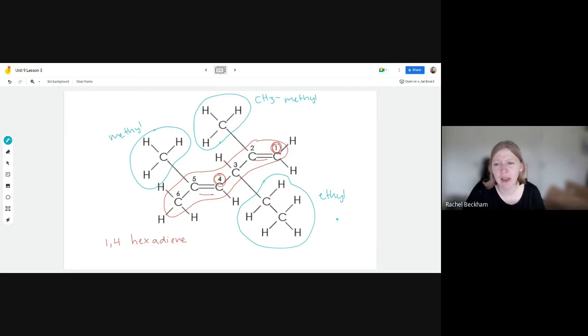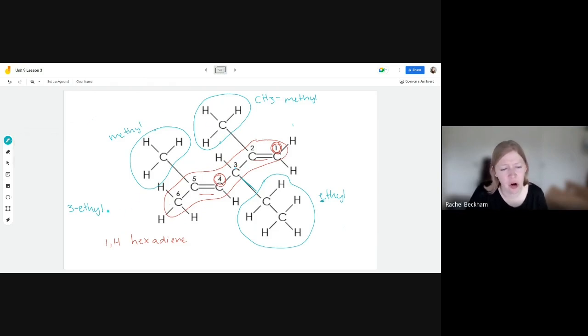And you actually see how ethyl starts with an E and methyl starts with an M? You go in alphabetical order. So E comes before M, right? So we're going to name the ethyl group first because alphabetically E comes before M. So it's coming off of carbon 3, right? So 3-ethyl because it's coming off of carbon 3. And then we have these 2 methyl groups.